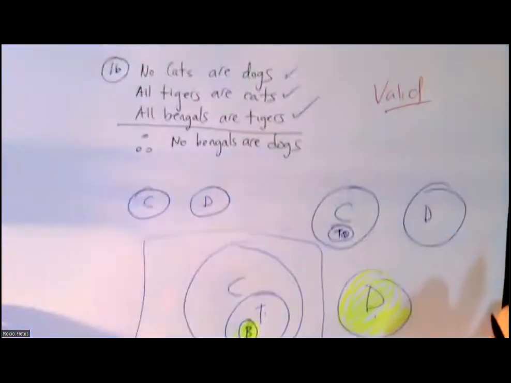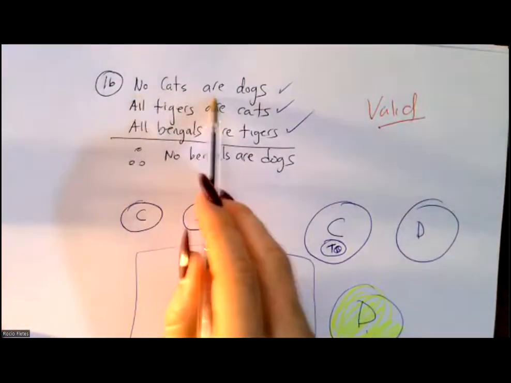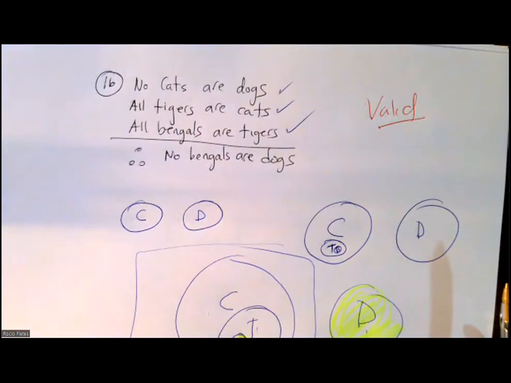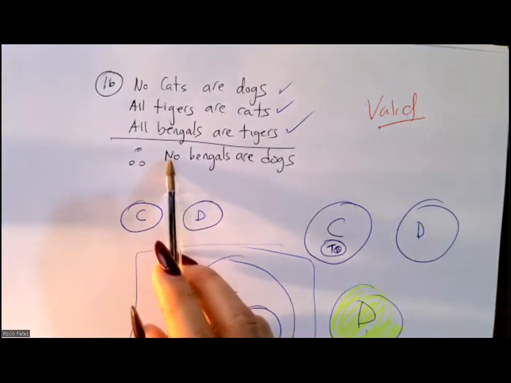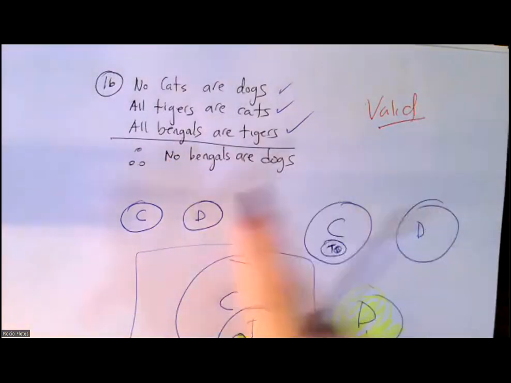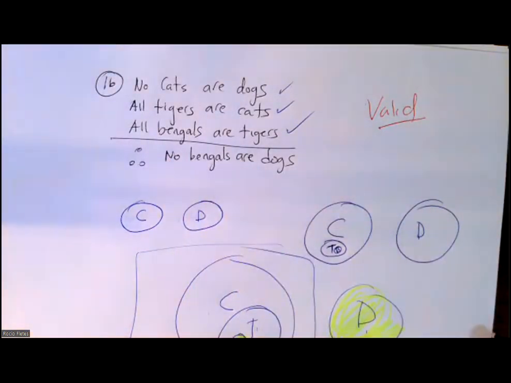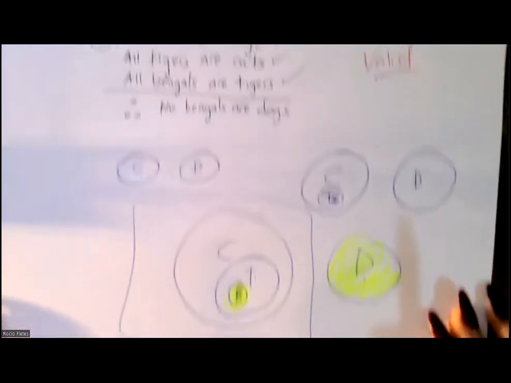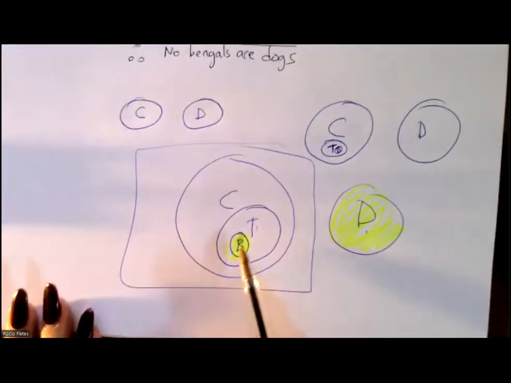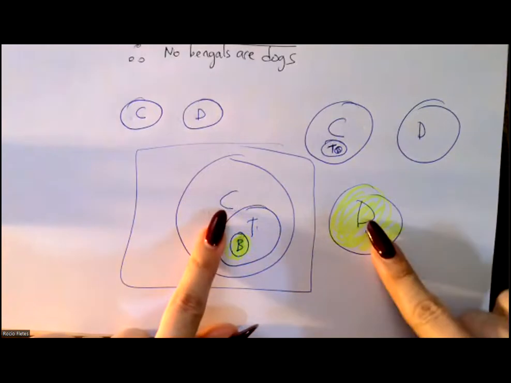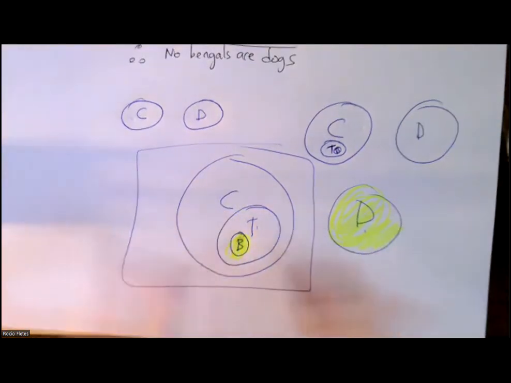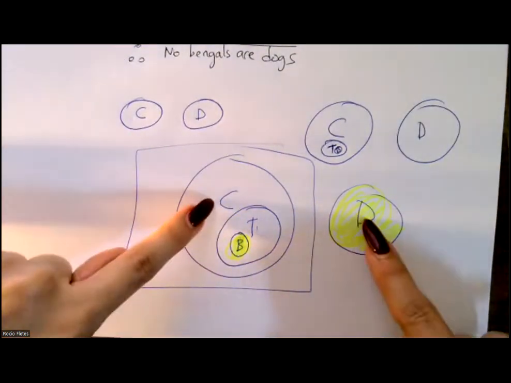Once again, no cats are dogs, all tigers are cats, all Bengals are tigers. Based on those three premises, the conclusion is no Bengals are dogs. That is true. You begin by writing C and D, disjoint. They don't have anything in common, cats and dogs.